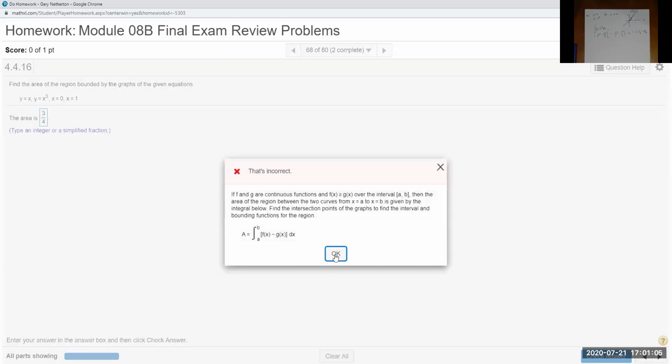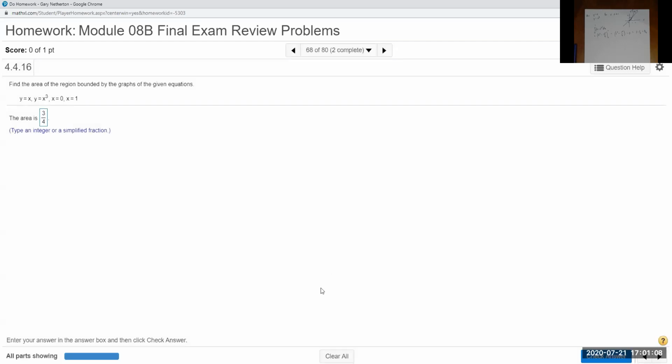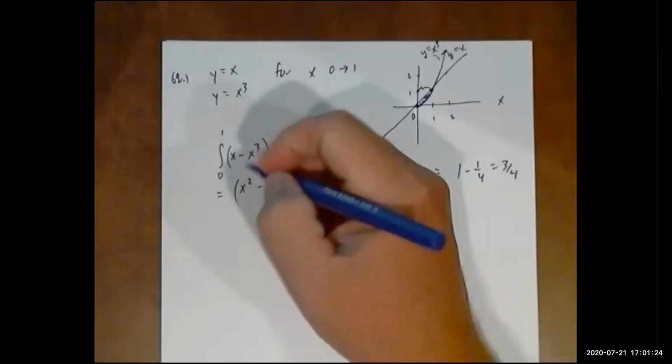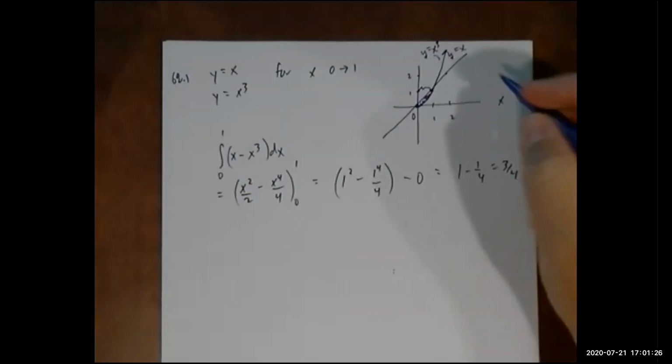And that's not correct. So let's go back. Let me look through this real quick. So x minus x cubed. Oh, you probably saw it when I did it. I messed up on my integral. X squared over 2, right?